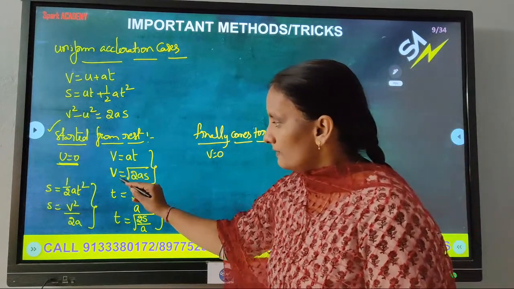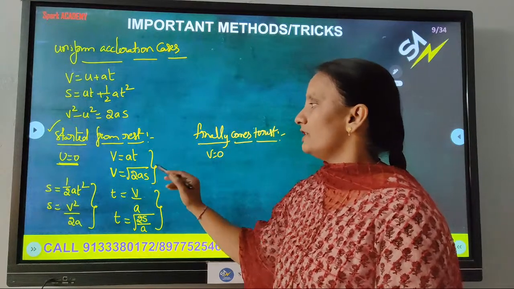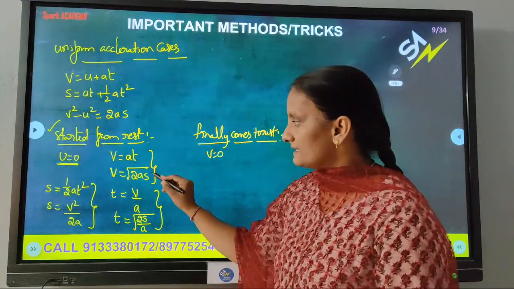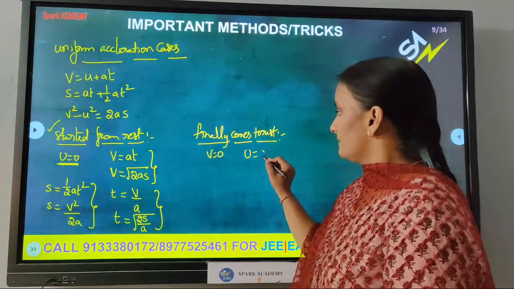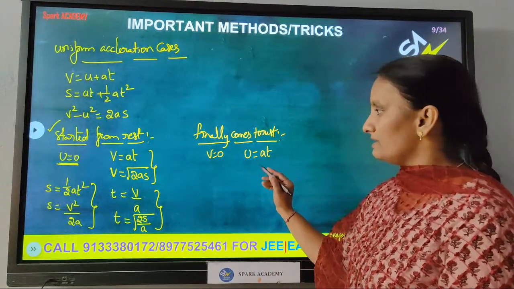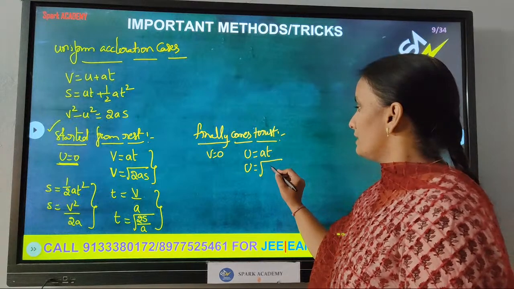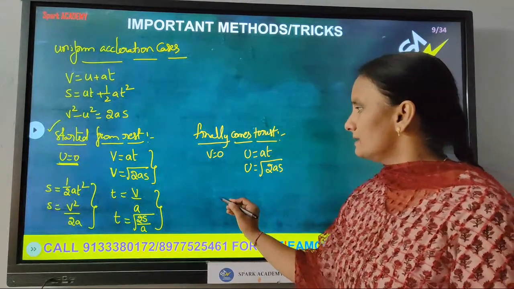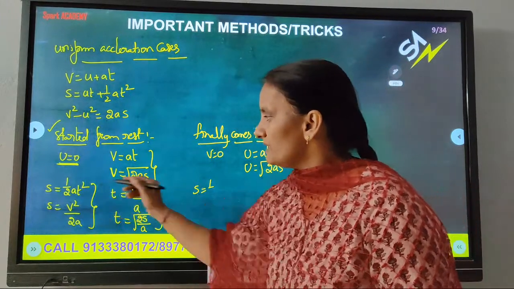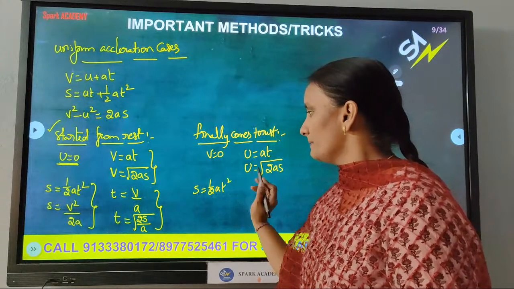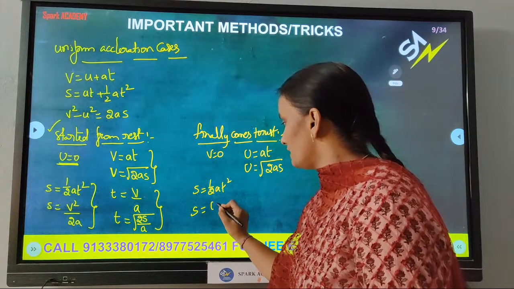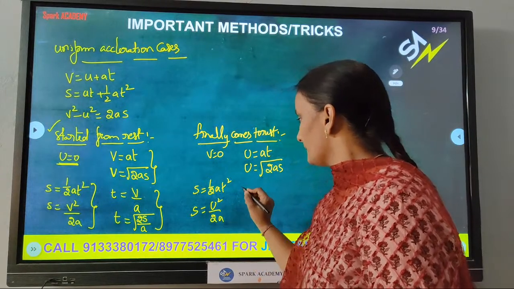Then to find its initial velocity, with which velocity it started, if they ask the question, these same equations we can write like this. u is equal to at, and u is equal to under root 2as. To find the distance, s is equal to half at square, and s will also be equal to u square by 2a.